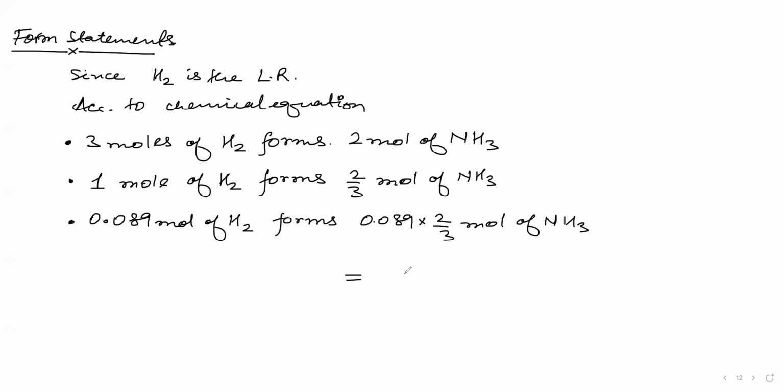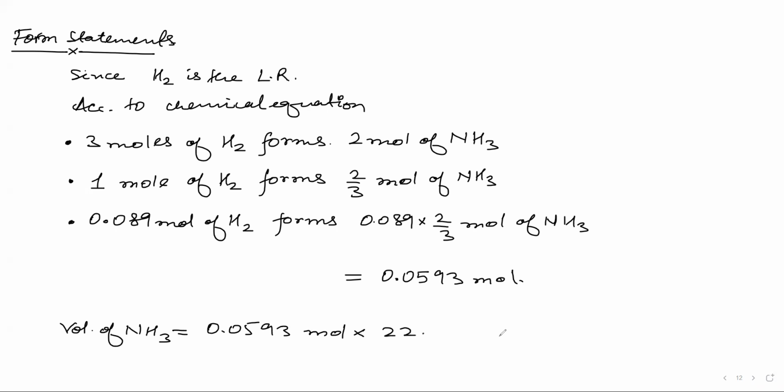And volume of NH3 will be equal to 0.0593 moles into 22.4 liters per mole. Mole and mole will cancel each other out, and the answer is 1.33 liters.